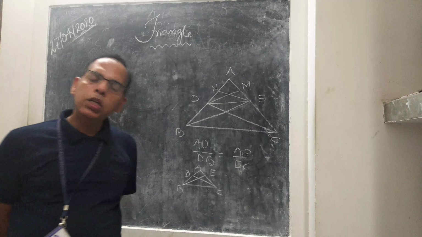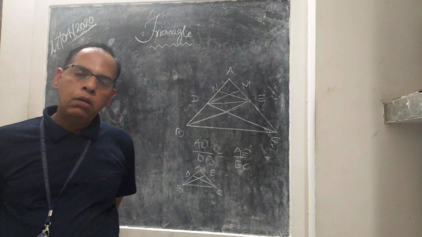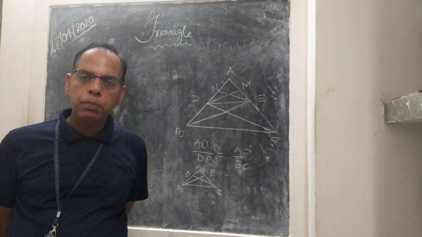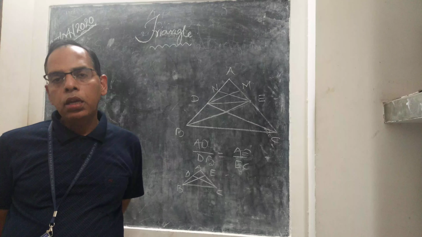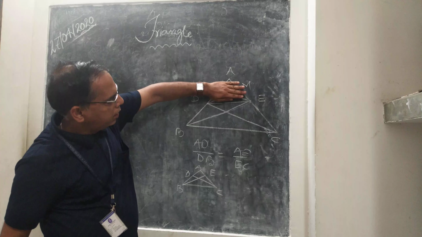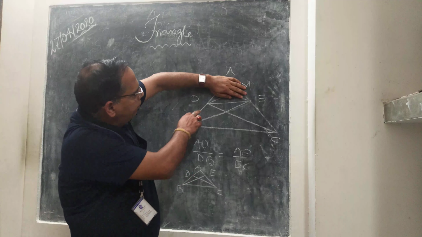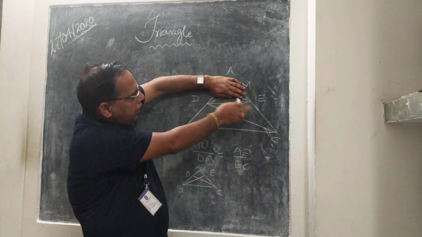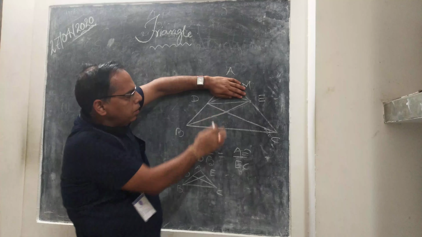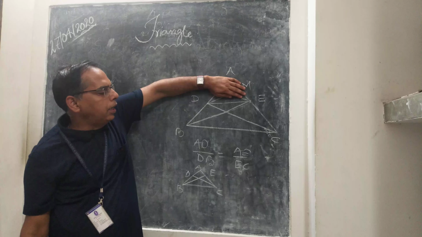Now last year you got one more theorem: triangles standing on the same base and within the same pair of parallel lines have equal areas. If you exclude this part, then you see triangle BDE and triangle CED stand on the same base DE, and DE is parallel to BC.